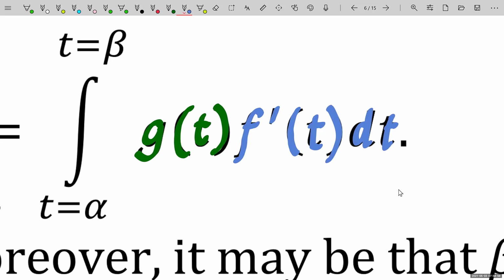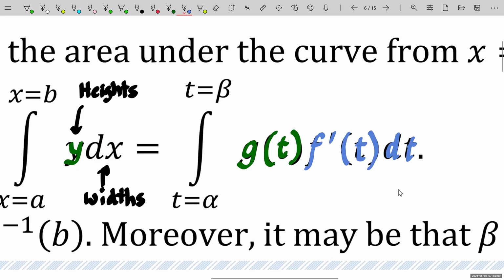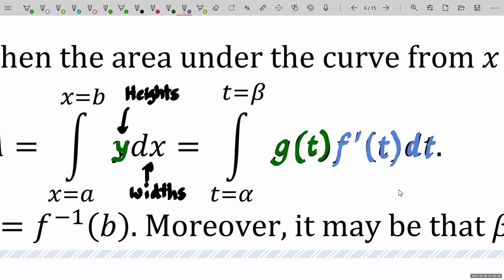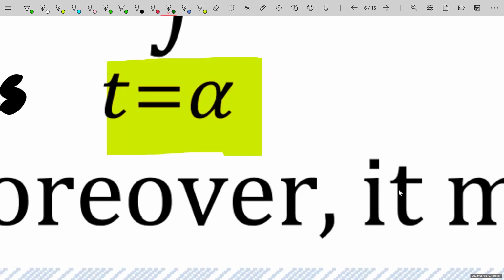Now notice the limits of the integral. So when you're finding the area underneath the curve in terms of y and x's, it was going from x equals a to x equals b. Here we're going from time equals alpha to time equals beta. This time equals alpha, I'll zoom into here, is the time associated with x equals a.